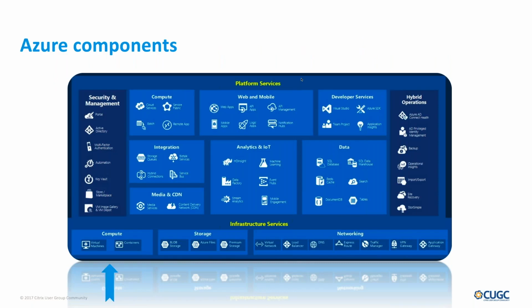We are using the compute section for activating the virtual machines, the storage section for the storage account, the network section for the IPsec VPN or ExpressRoute, and the Site Recovery service under hybrid operations for the disaster recovery replication.